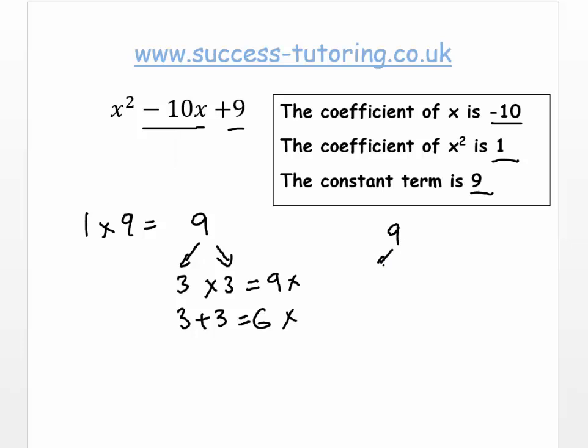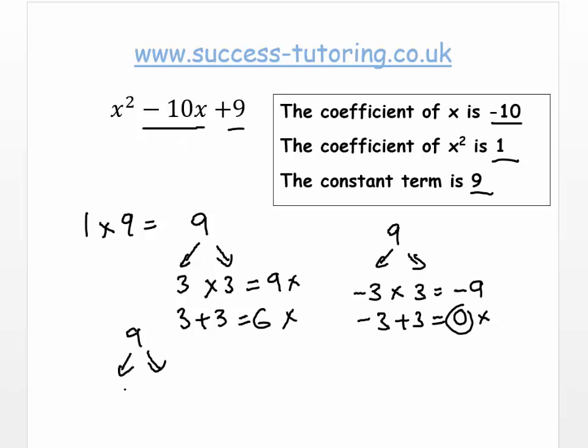What about minus 3 times 3? That gives me minus 9. And minus 3 add 3 equals 0. So that's not going to work either, because 0 doesn't equal minus 10. We'll try again.